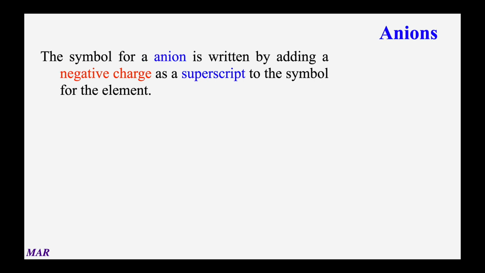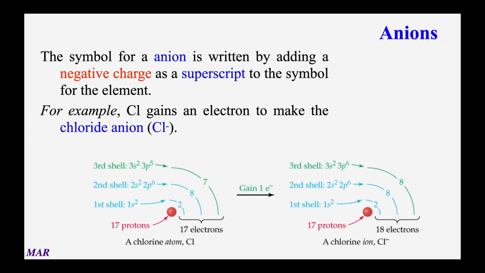You can do the same kind of thing, though, for anions, because electrons like to go somewhere. And the negative charge is also a superscript in the upper right-hand corner. So here's maybe where the electron would go. Maybe the electron decides to wander over to chlorine. And notice that on the left, chlorine, which is number 17 on the periodic table, has 17 protons, and a neutral atom of chlorine would also have 17 electrons.